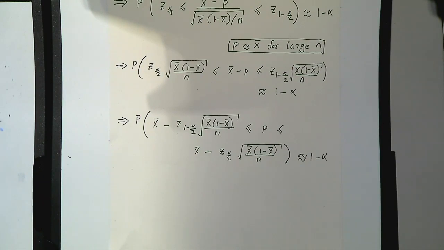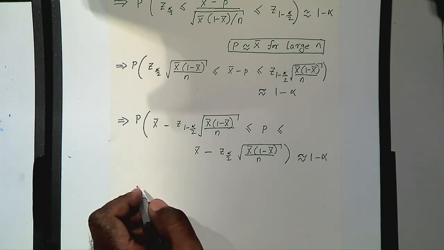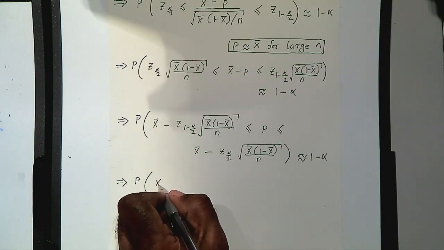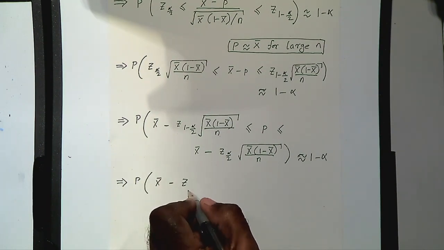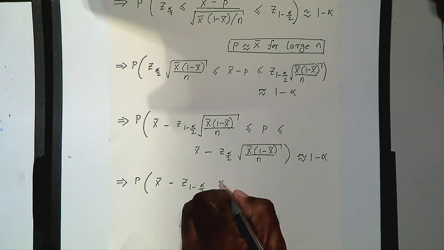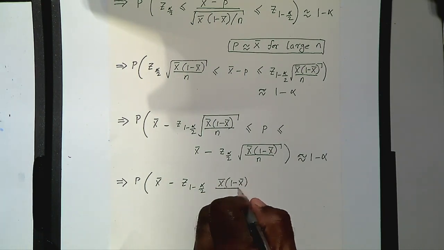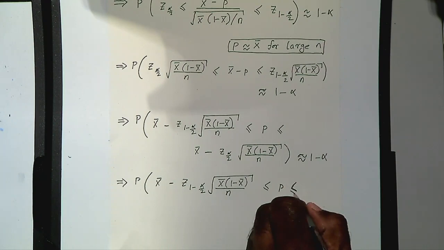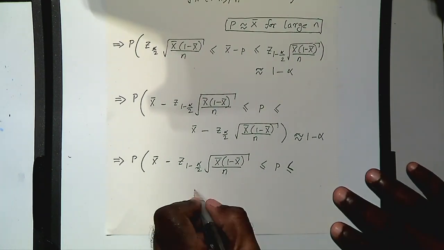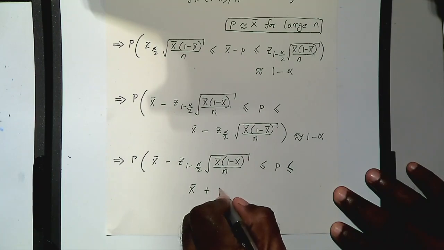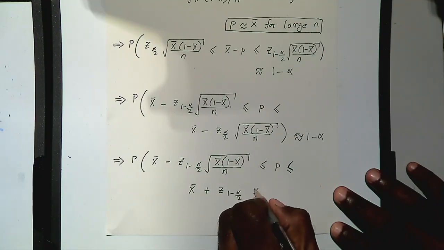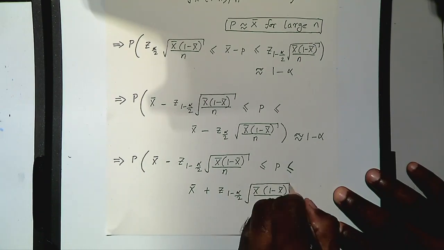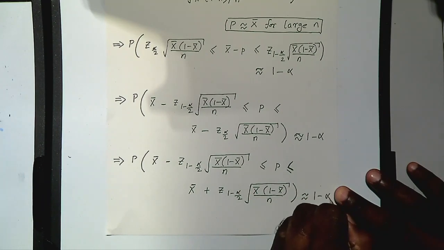I mean, this guy and this guy are equal except for the minus sign. Okay, so this will become, right.